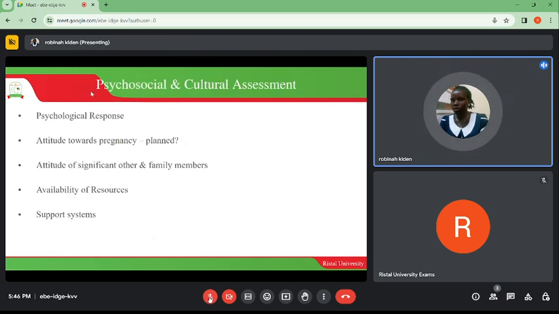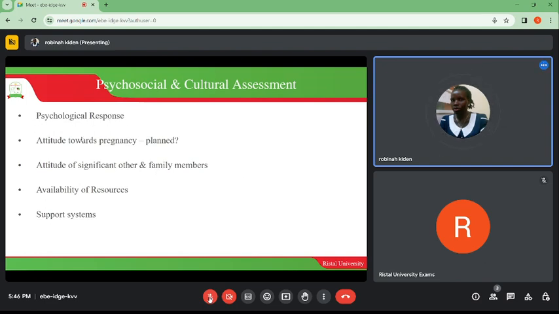Then we have the psychosocial and cultural assessment. As far as the measurements and diameters are concerned, you should have detailed information on this when you looked at anatomy too.